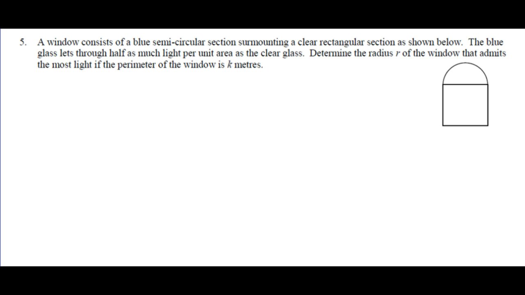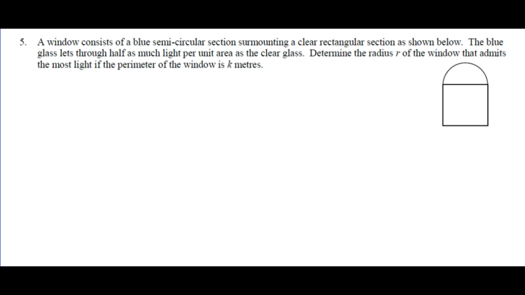So we can't actually solve this and get a number. We're not going to end up with r is 3. What we're going to get is r in terms of k and p, so it may have something to do with the variables. It's just a more generalized question.